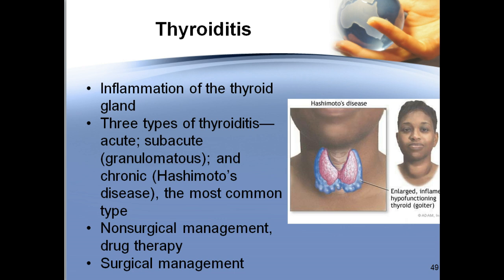You have what they call the acute thyroiditis, which is caused by a bacteria. Manifestations include pain, neck tenderness, malaise, or them being tired, fever, and dysphagia, which is difficulty swallowing. And usually they treat that by antibiotic therapy.